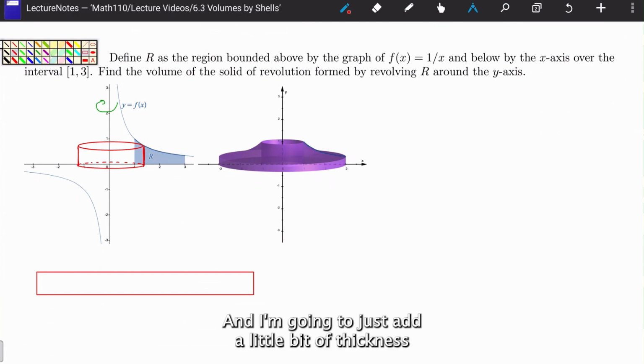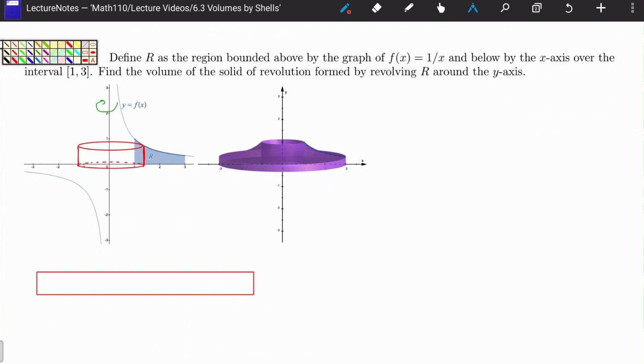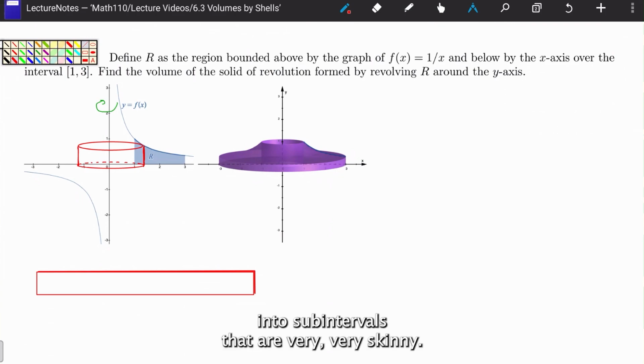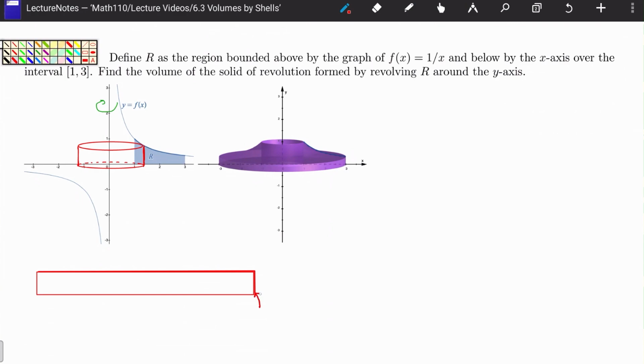And I'm going to add a little bit of thickness so that x value is thought of as a single x value, but it comes from thinking about dividing that interval into very, very skinny subintervals. And so this slab is going to have thickness dx.